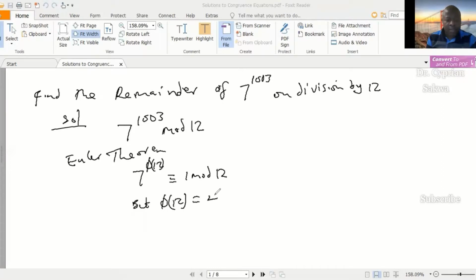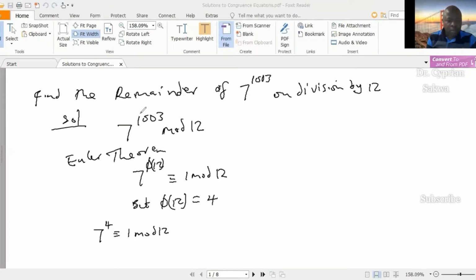So these are the numbers smaller than 12 which are relatively prime to 12, therefore. So that means that 7 raised to 4 is congruent to 1 mod 12.